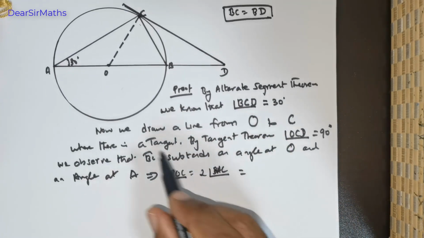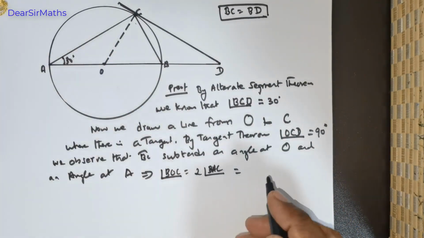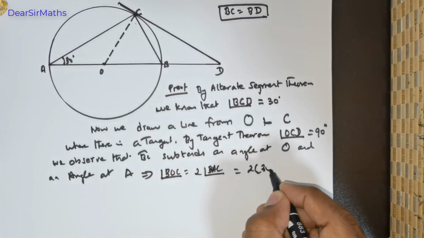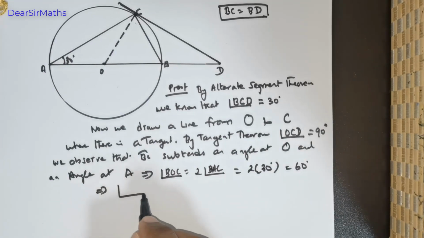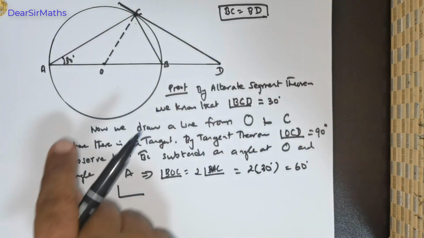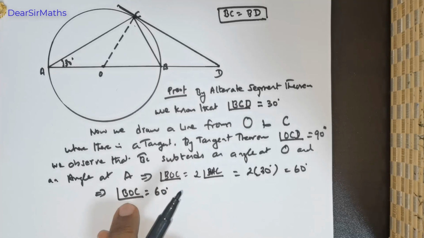What is BAC? BAC is 30 degrees. So it's 2 times 30 degrees, which is equal to 60 degrees. So this means BOC is 60 degrees. So this is a second observation.